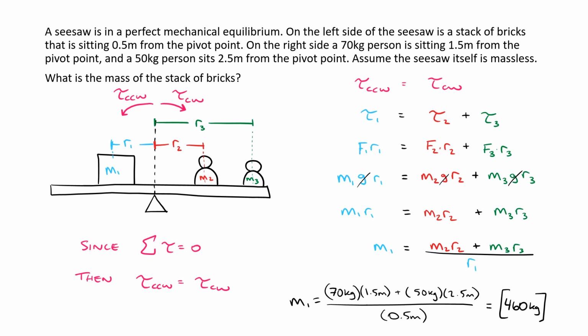R1 was 0.5. So M1 is 230 divided by 0.5, which is 460 kilograms.